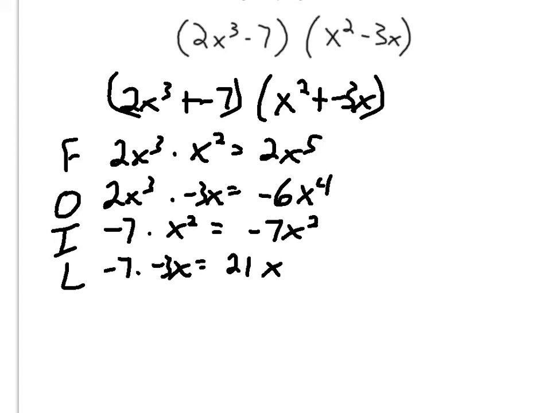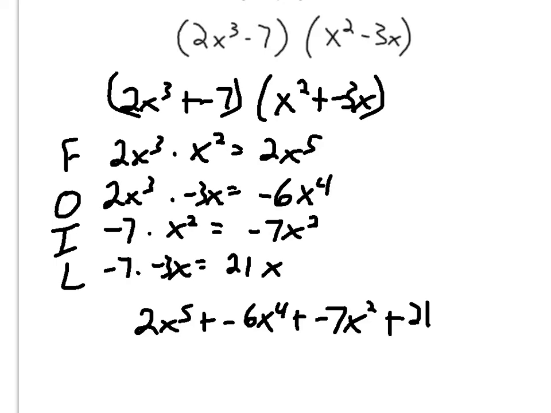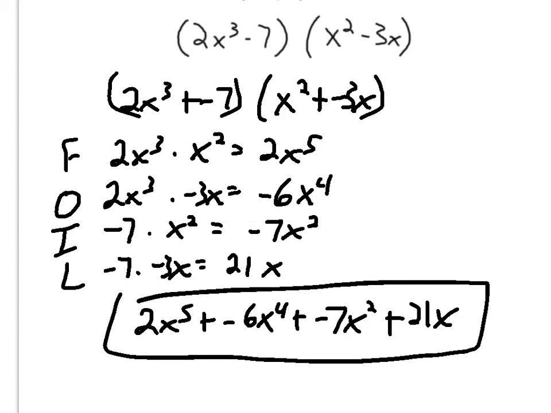Okay, so I'm going to put in descending order 2x to the 5th plus negative 6x to the 4th plus negative 7x squared plus 21x. Okay, and then I'm going to look, can I combine any of these? And the answer is no, none of them are like terms. So I am done. And that's how I multiply those binomials together using FOIL.